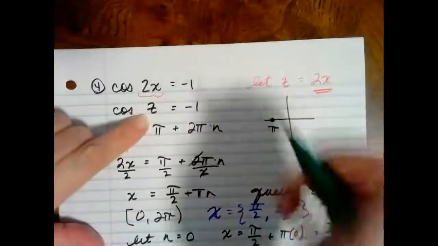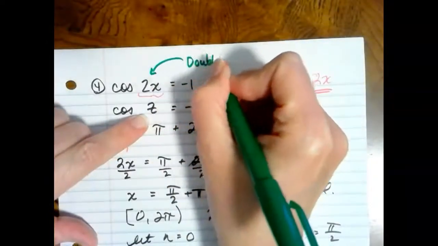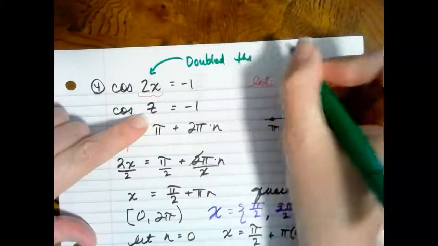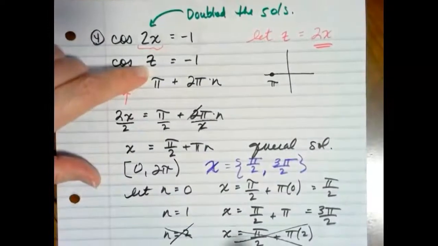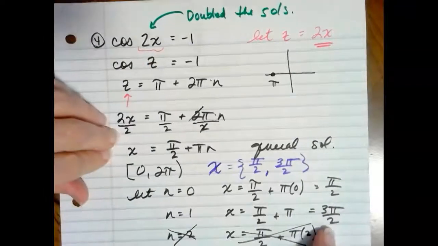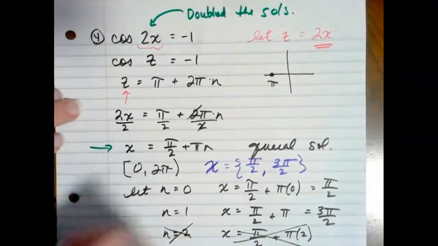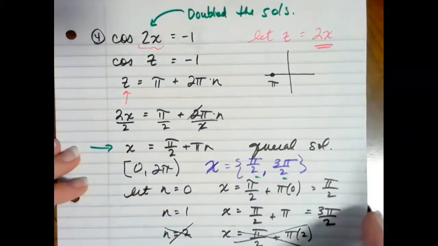So because this is 2 times x, we just doubled the number of solutions. Normally we would have only had 1, but we just doubled them and got 2. So 2x doubles the number of our solutions. So we had 1 general solution and 2 specific solutions.